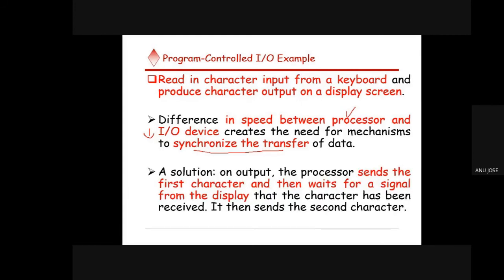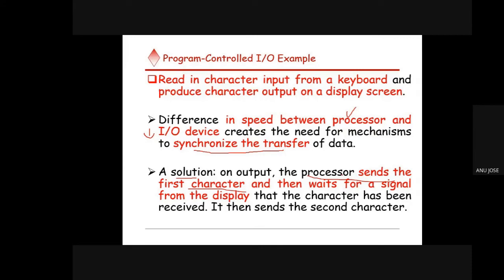One solution they developed is this, described with respect to the output device. The processor has a value, A, that I gave from my keyboard, stored in the processor registers, and it tries to transfer it to the output device.